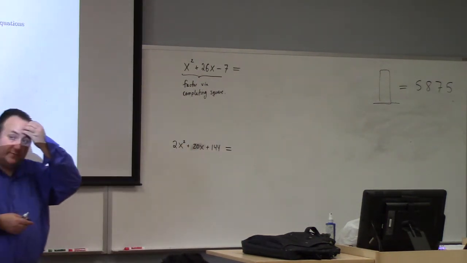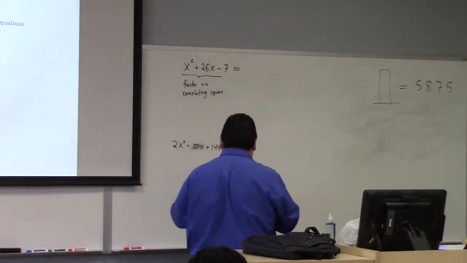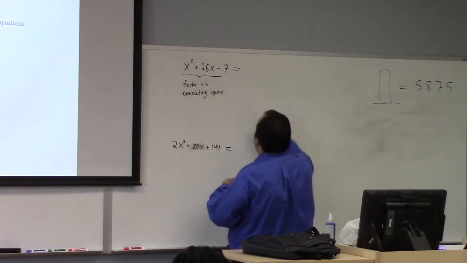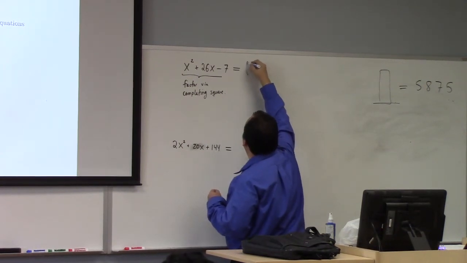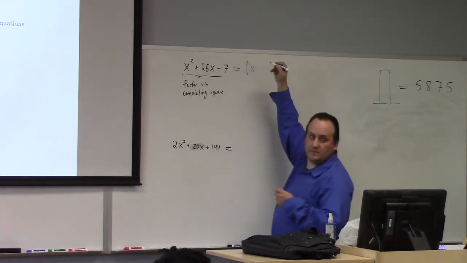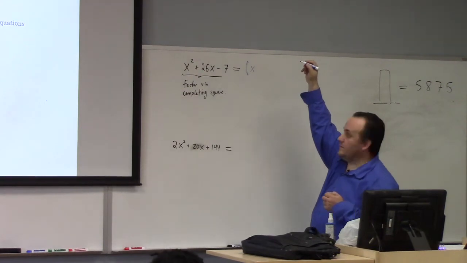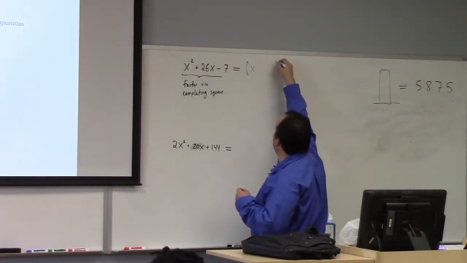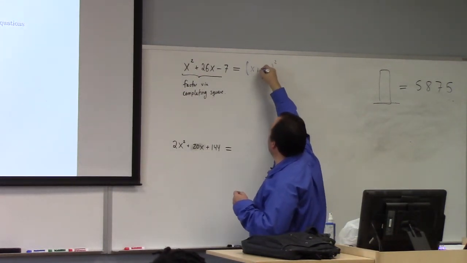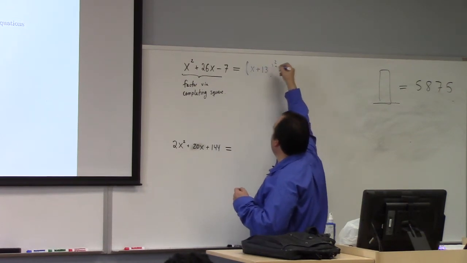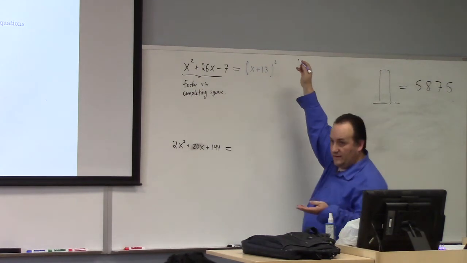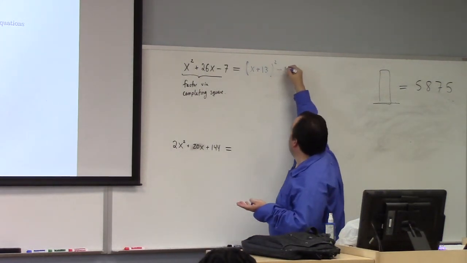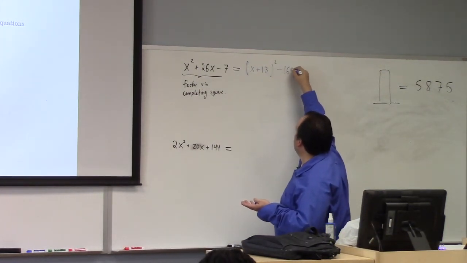All right, so let's do the first one. What do you want? What do we do? Plus what? X plus what? What'd you say? I just missed it. So plus 13, right? Now, if I do that, to be fair, I have to subtract the square of 13, which is 169. So minus 13 squared, which is 169.